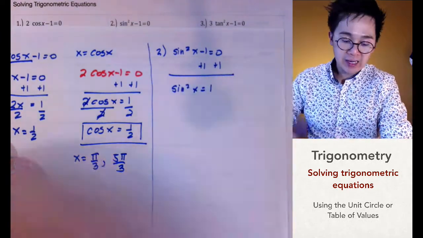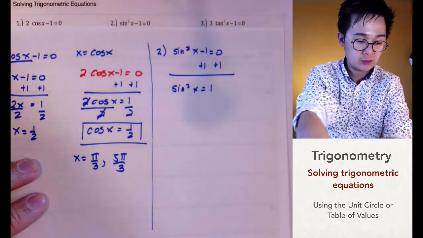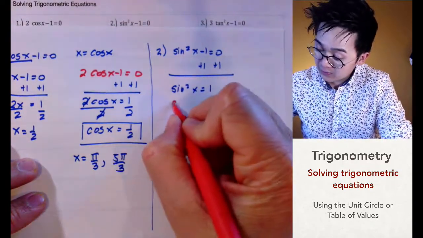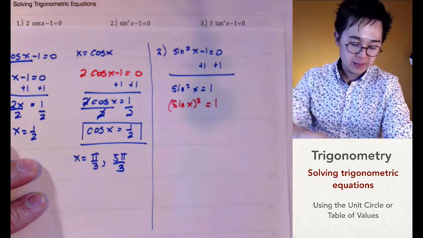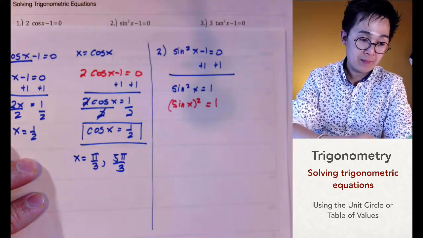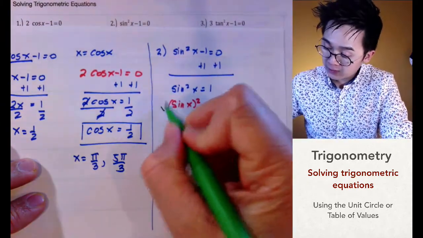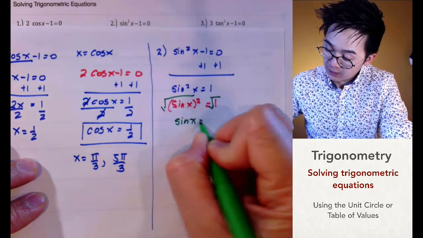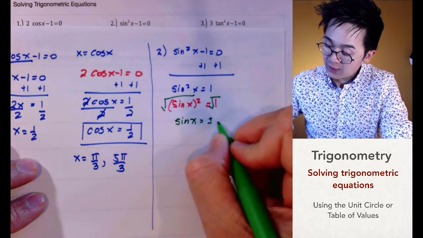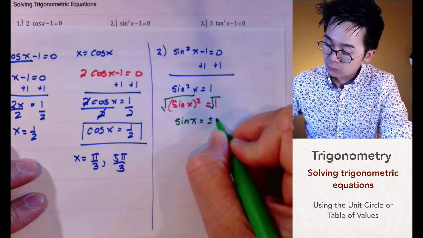Sine squared x in trigonometry can also be written as sine x quantity squared equals 1. To get rid of our exponent 2, we will take the square root of both sides. So we'll have sine x equals plus or minus the square root of 1, which is equal to 1.